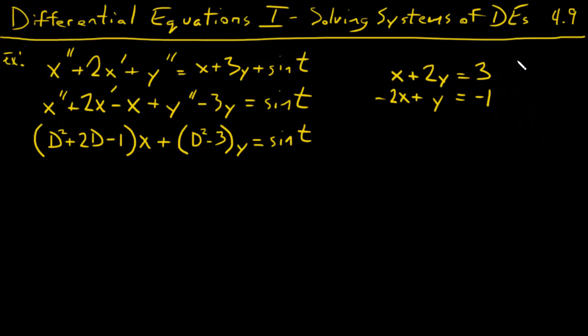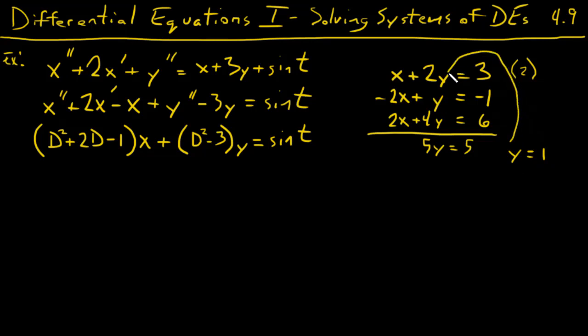In this case, if I multiply the top one by 2, I get 2x plus 4y equals 6. Then I add these two together, so the x's cancel, and I'm left with 5y equals 5, y equals 1. Then I plug that into one of my original equations and wind up with x also equal to 1. I made something simple so I could do that in my head. So that's how we solve systems of equations using elimination.